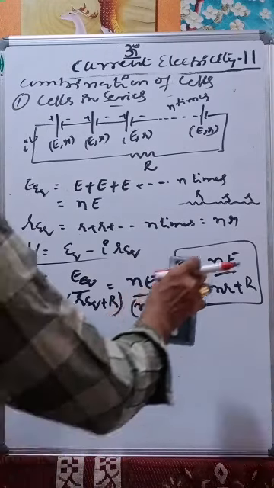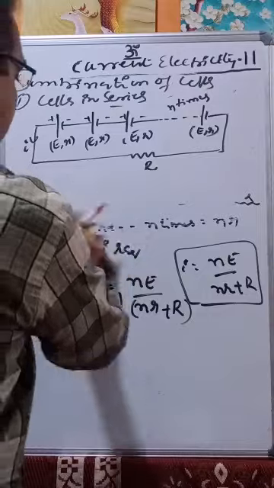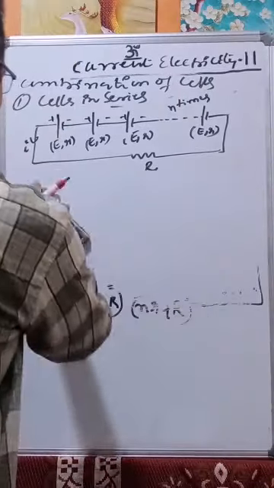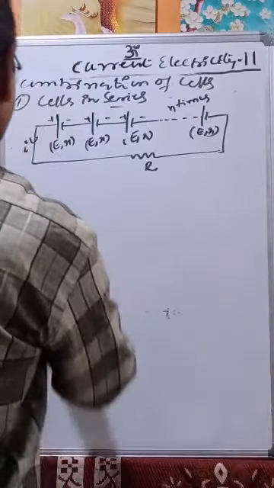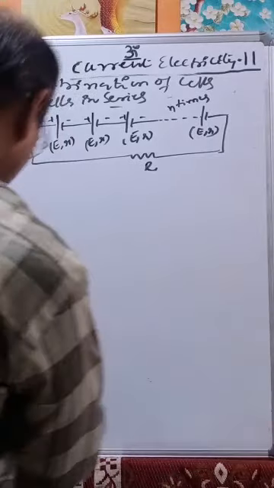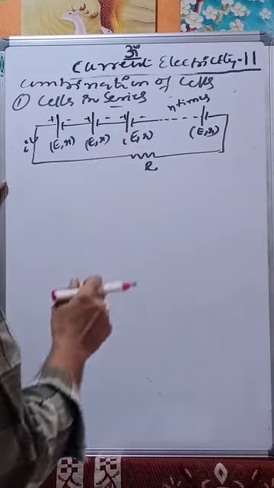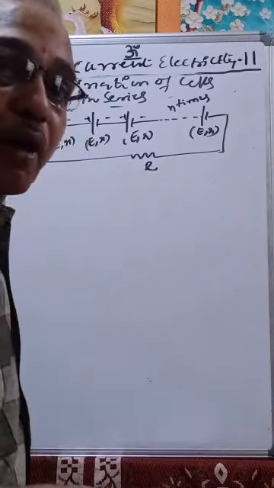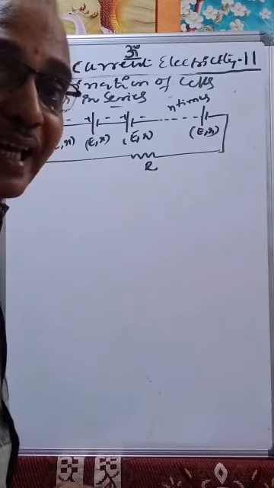Now, a small amendment here. Out of these n number of cells, some m number of cells are wrongly connected.